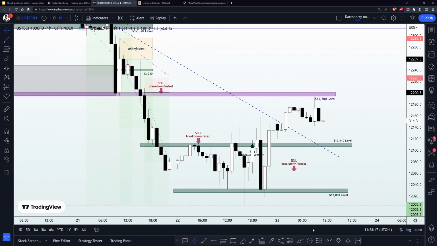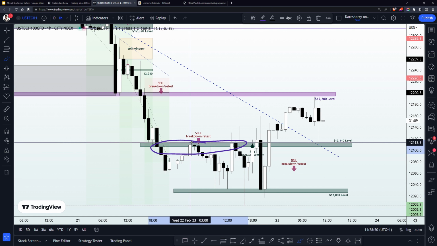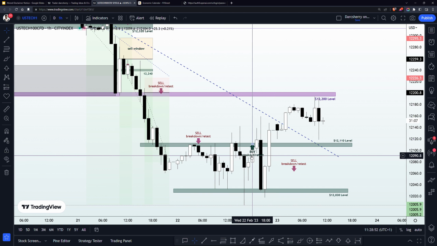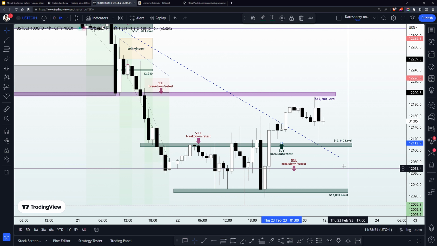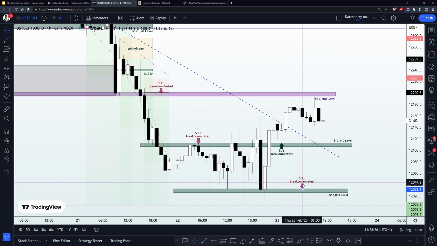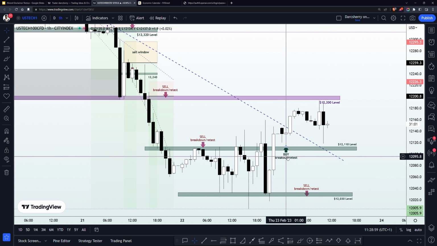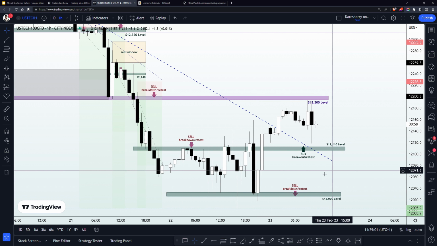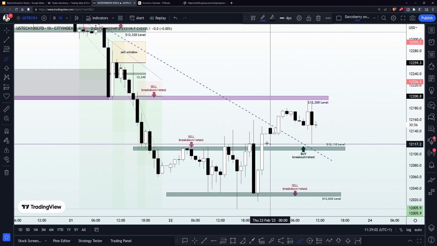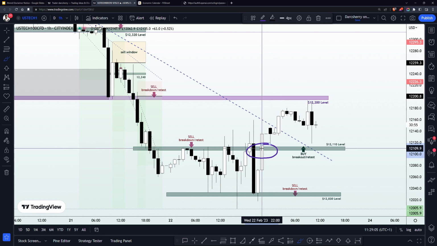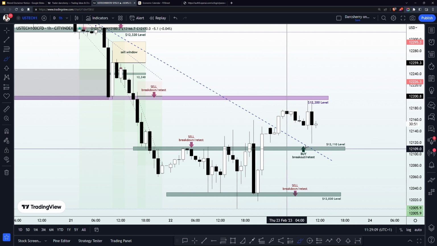Now, with the resistance point we had at the 12,100 level at the beginning of the week, remember that we should be having a buy stop right above that level, so that we can take advantage of any buying opportunity around that area. And if you are taking advantage of this one that broke out of the structure during the later part of yesterday's trading session, well done to you for being on standby to have caught that move.